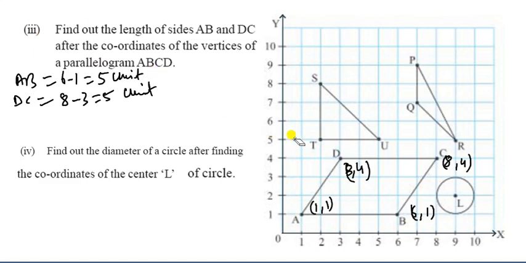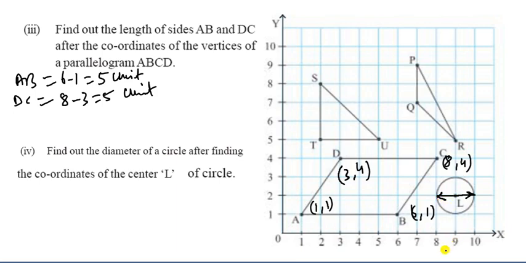Now D, the first number is 3 and the second number is 4, so you write 3, 4. So that is the whole set of coordinates.